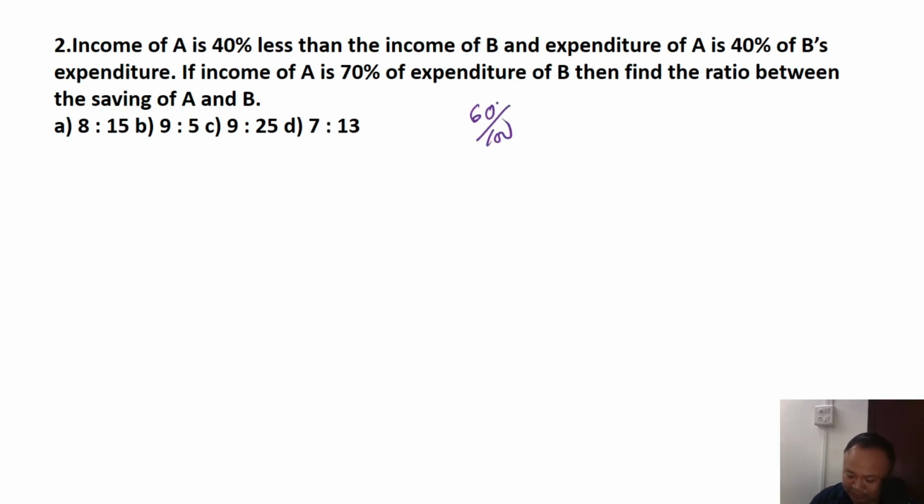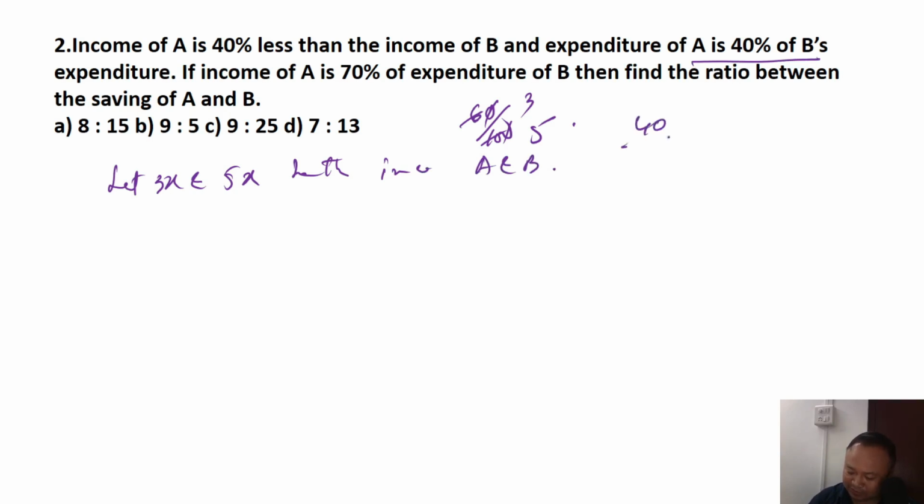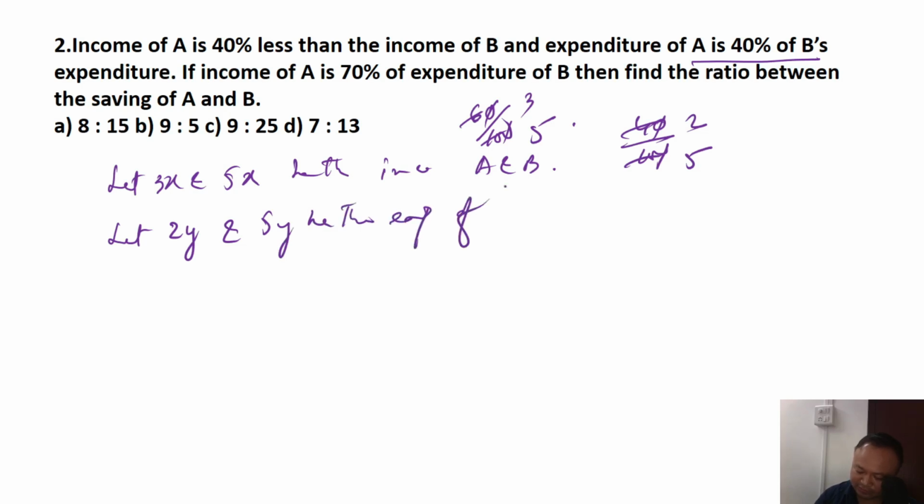So this is 2 3 6 to 5 10. Let 2x and 5x be the income of A and B. A's expenditure is 40%, 40 by 100, 2 to 5. So let 2y and 5y be the expenditure of A and B.